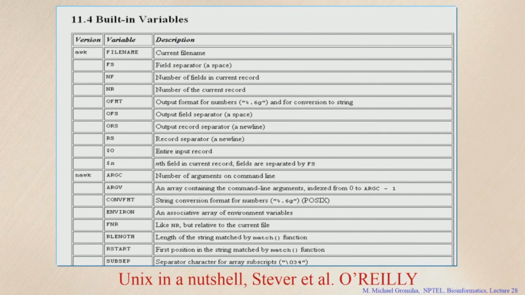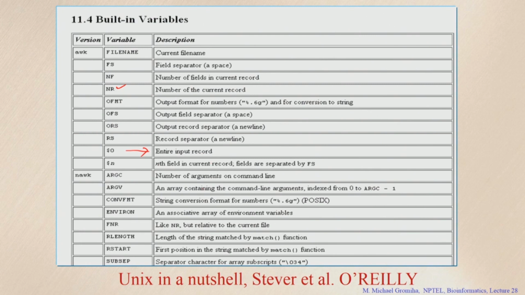Now in this awk there are several built in functions available. So, I explained a few of them. So, there are various built in functions available in awk. So, for example, FS is the field separator I discussed earlier. What is NF? Number of fields in the current record. NR, number of current record. Likewise, there are various other options like record separator. This is $0 for the entire input record, $n is the nth field in the current record, right.